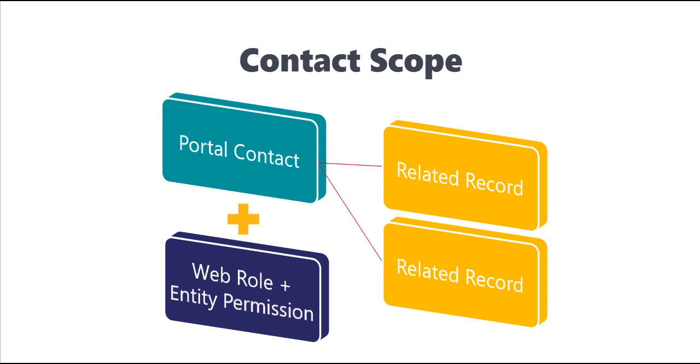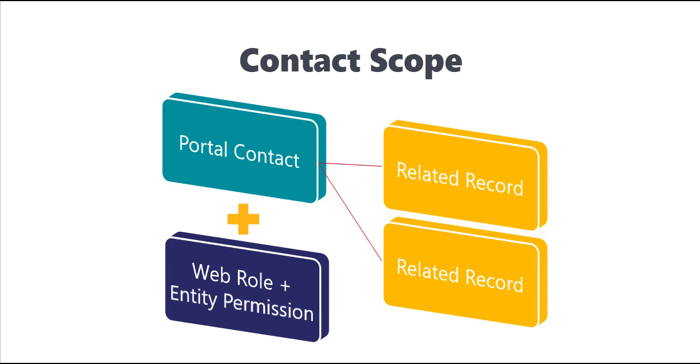So next up is contact scope. Now contact scope is kind of the next level up in terms of complexity, and it's the first scope that lets you essentially add row level permissions to the portal. In other words, we're going to restrict access for a given logged in portal user to only specific records.